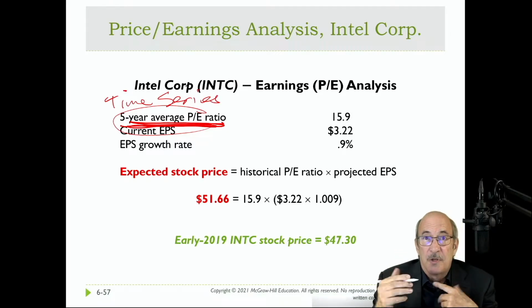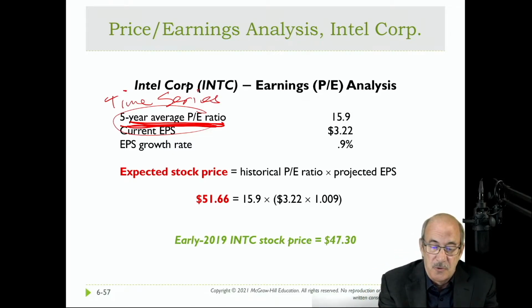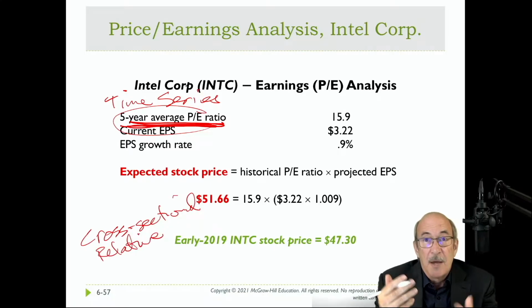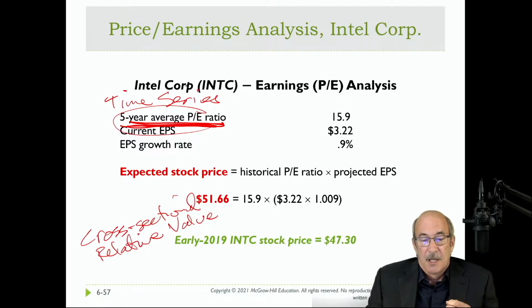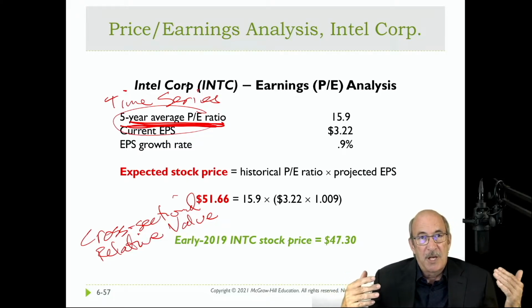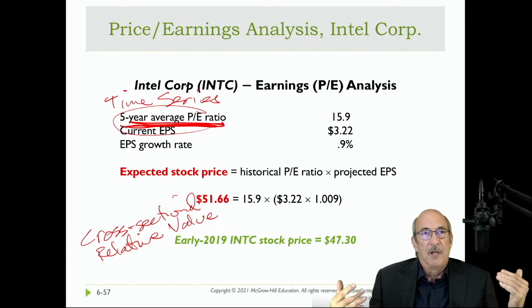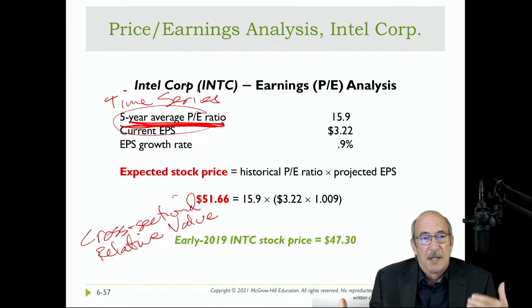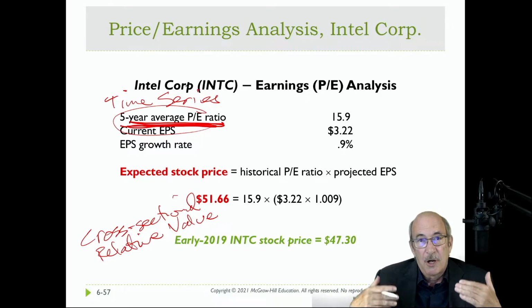So while you can think of this as like a time series, what we're going to do in the security analysis is what I would refer to as a cross-sectional type of relative valuation. And by cross-sectional, I mean that instead of using the prior years of Intel's PE or price to book or price to cash flow, we're going to use comparable companies that are in the same business as Intel, competing for that same dollar, but we're going to use those current ratios.